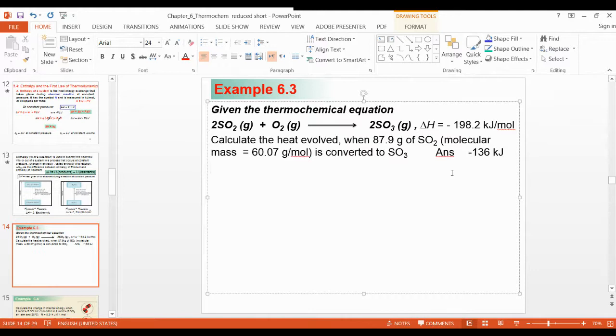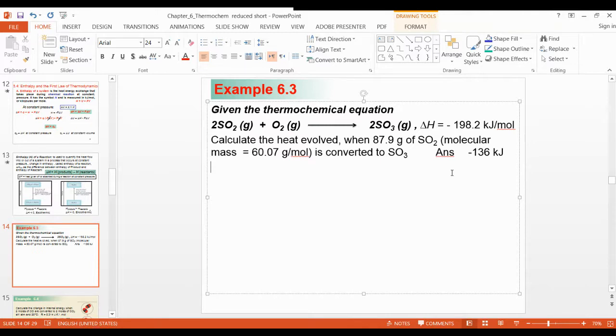Okay. Now the question is: calculate the heat evolved when 87.9 gram of sulfur dioxide is consumed. That is given in grams, not moles, so change gram to mole. And you should know the relation. When 2 mole are consumed, it gives this much energy.